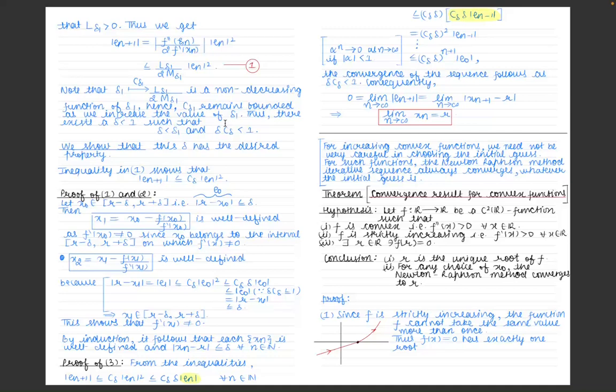Thus, there exists a delta less than 1 such that delta is less than delta 1 and delta C delta, sorry, C delta is less than 1.